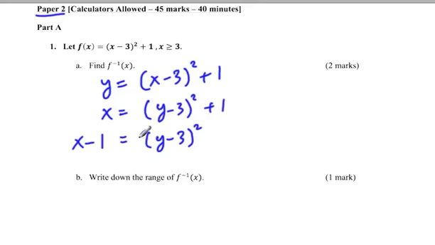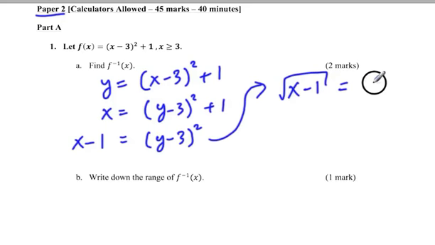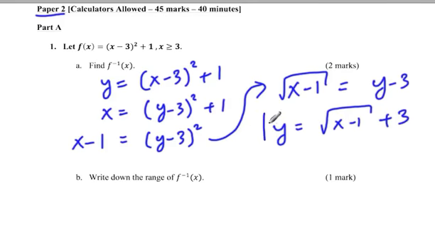To get rid of that squared, I have to square root both sides. So it's going to be the square root of x minus 1 is equal to y minus 3. And finally, y is equal to the square root of x minus 1, plus 3. Oh, actually, this is not my solution. Sorry.